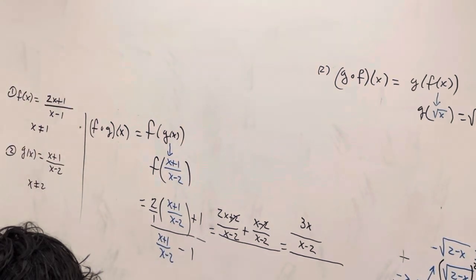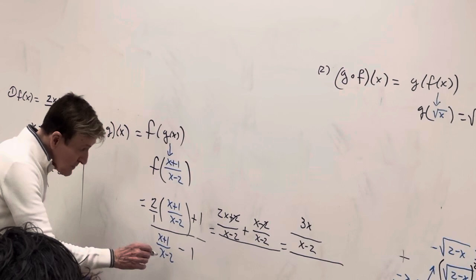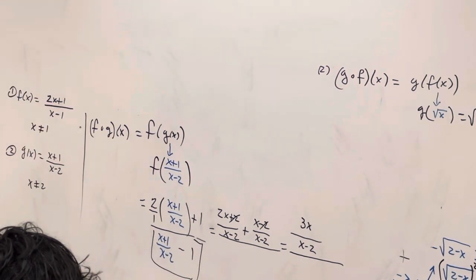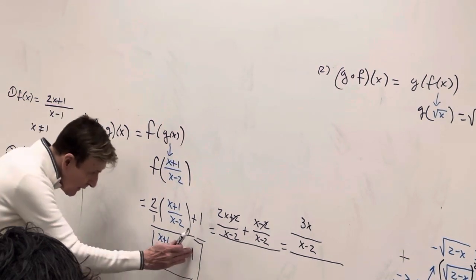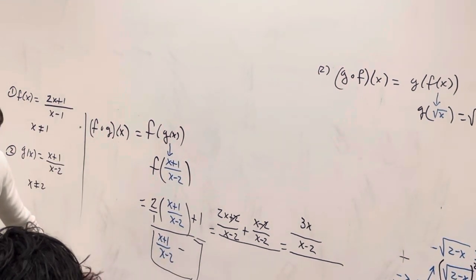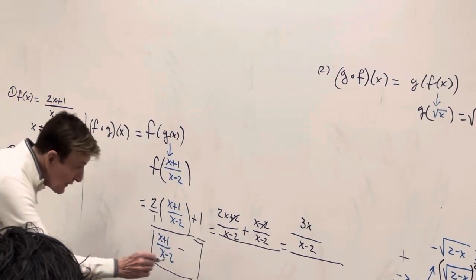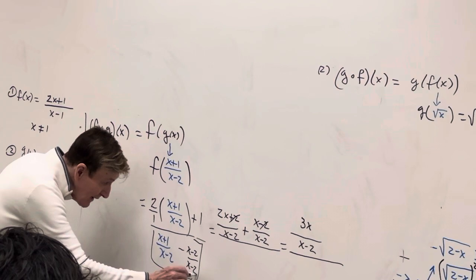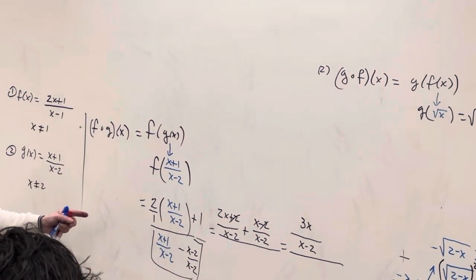That's the top done. Now let's jump down to the bottom here. Can someone suggest what I should do down here to simplify it? x plus 1 over x minus 2 minus 1. Do I need a common denominator again? Should I write that as x subtract 2 over x subtract 2? Okay, they both now have the same denominator.